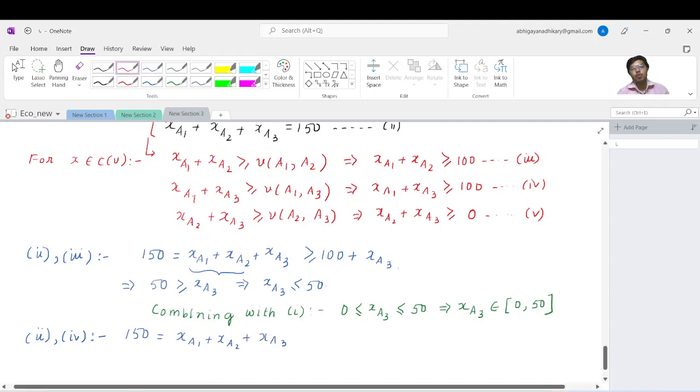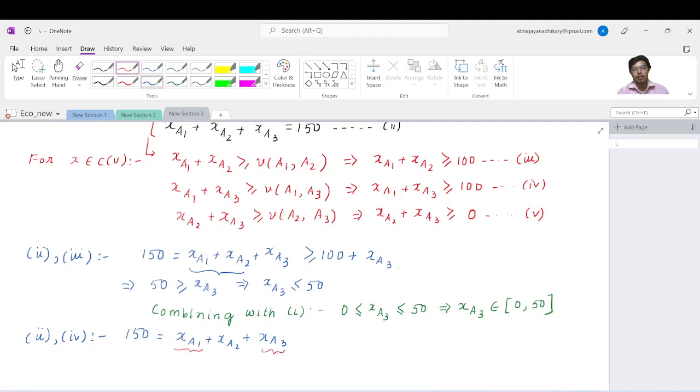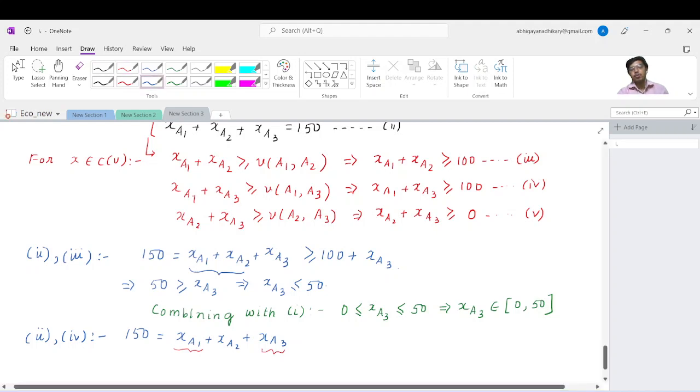From equation number 4, x of a1 plus x of a3 is greater than or equal to 100. So this is greater than or equal to 100 plus x of a2, and this results in the same thing: 50 is greater than or equal to x of a2, so x of a2 is less than or equal to 50.